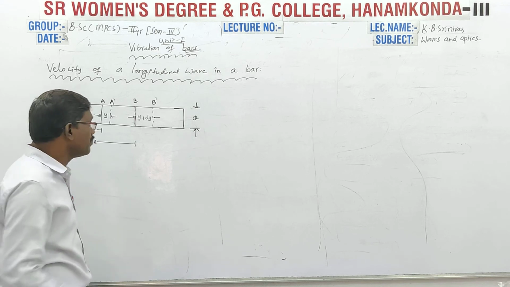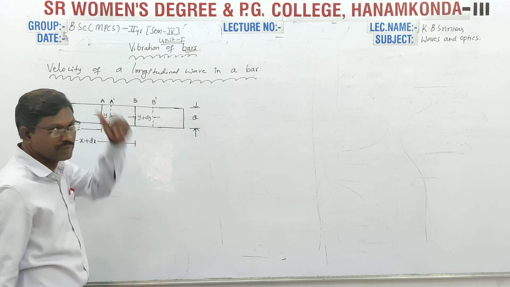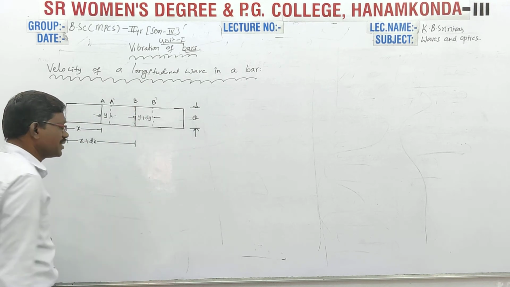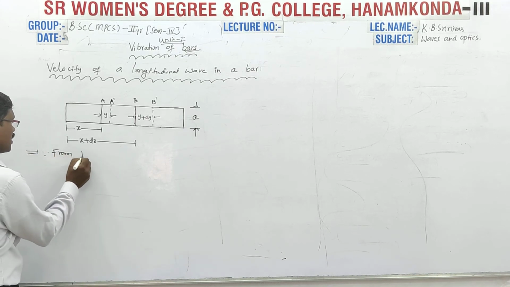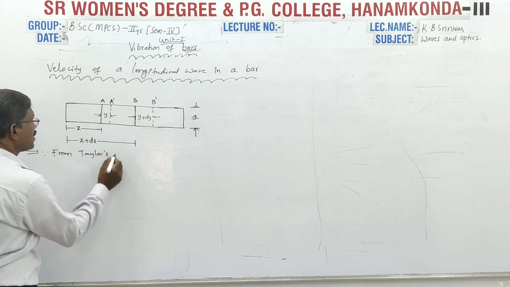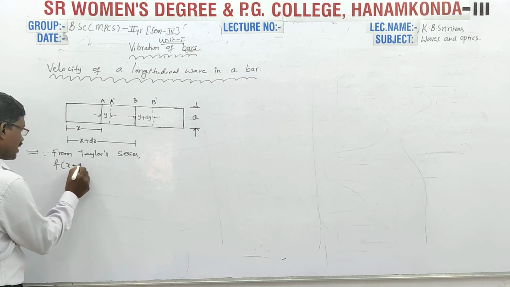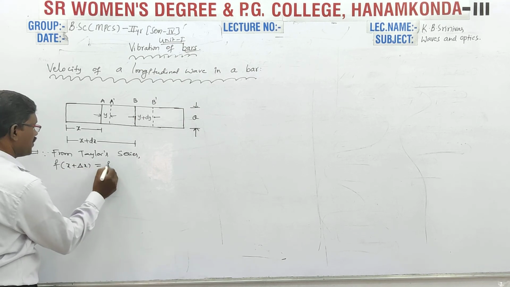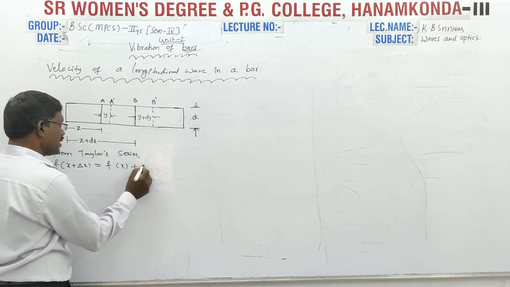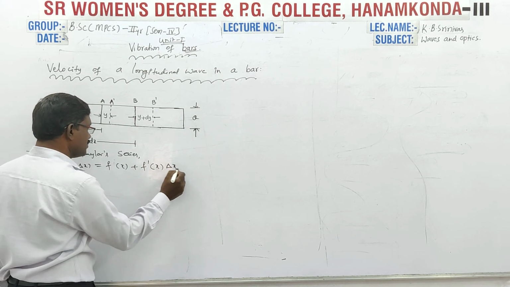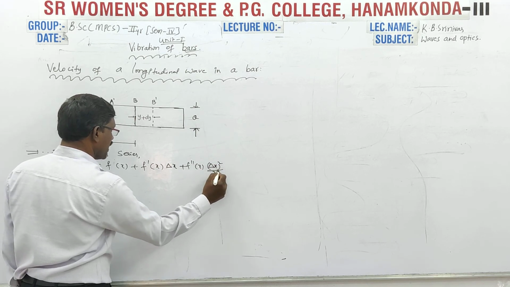So I want to calculate how much extension is there due to that longitudinal vibration. Before that, I have to calculate this y plus dy value individually. From Taylor series, I have used already Taylor series in strings, that is f of x plus delta x, I have used this expression. f of x plus f dash x delta x plus f double dash x delta x whole square by 2 factorial like that.